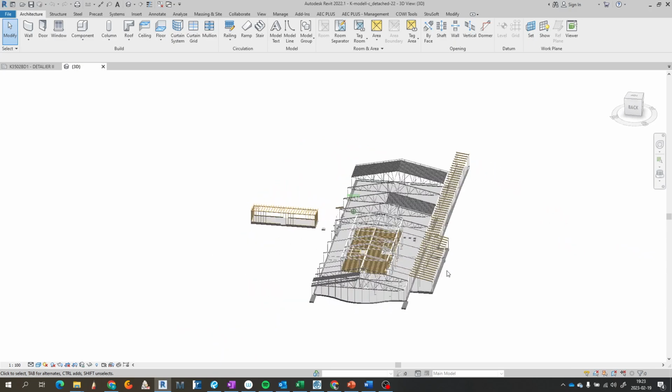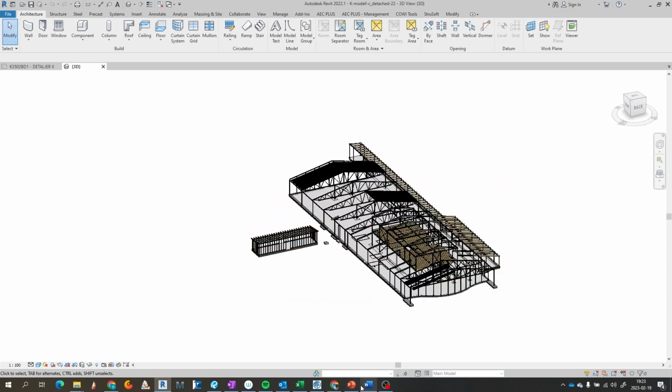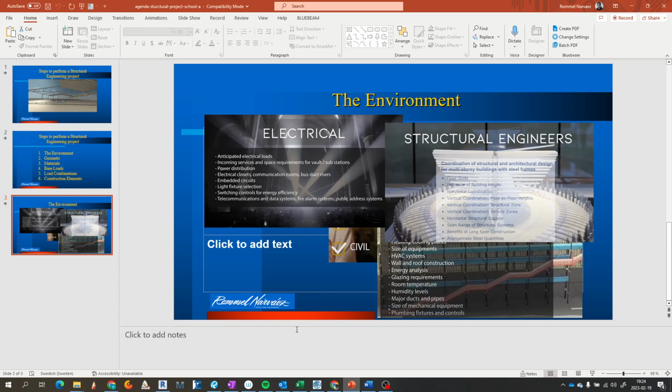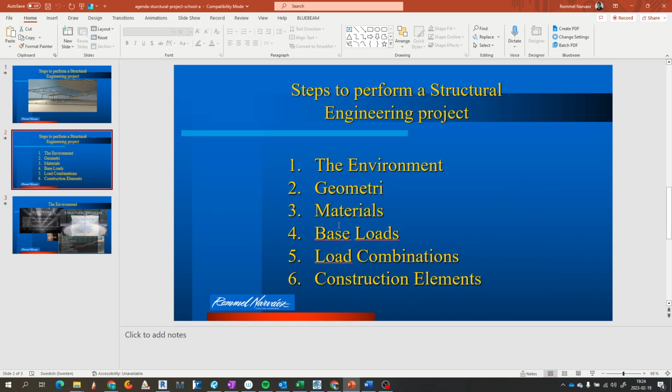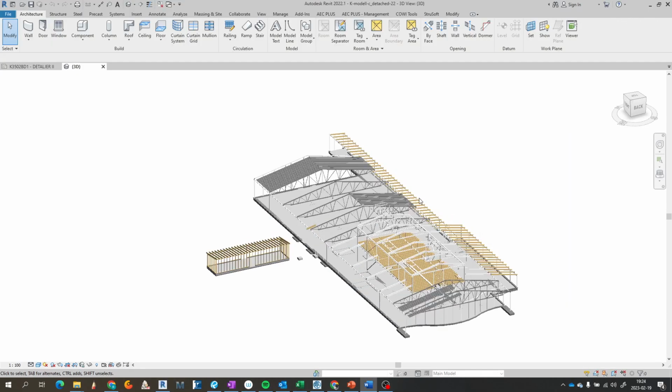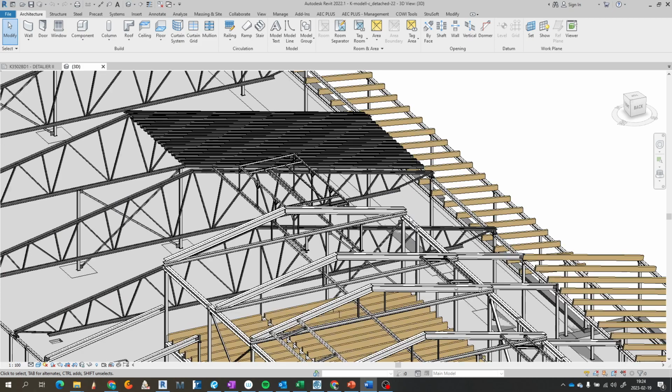Right. So we were talking about this stuff: materials, geometry, environments. And to talk about the base loads, load combinations, and things like that, I'm going to go to the calculation tool.